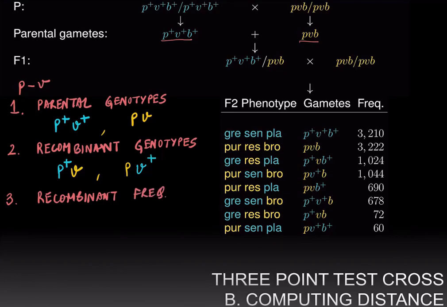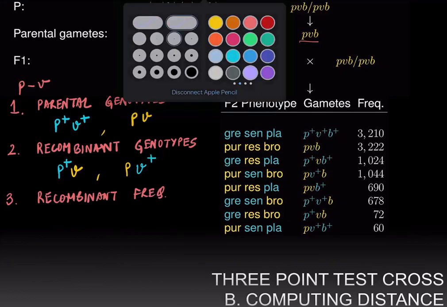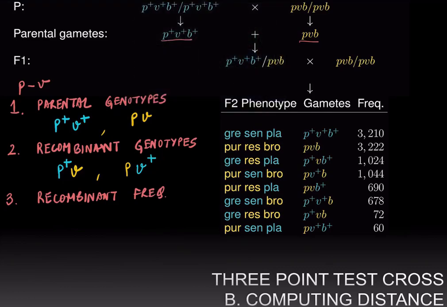All right, let's go ahead and identify the recombinant genotypes between P and V. And so anything which is a P plus V is a recombinant genotype, and we find that this is a recombinant genotype and this is a recombinant genotype.